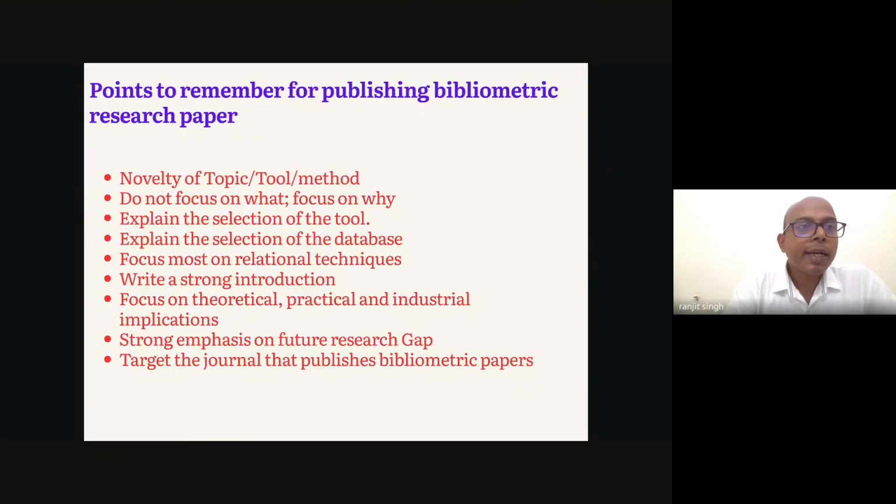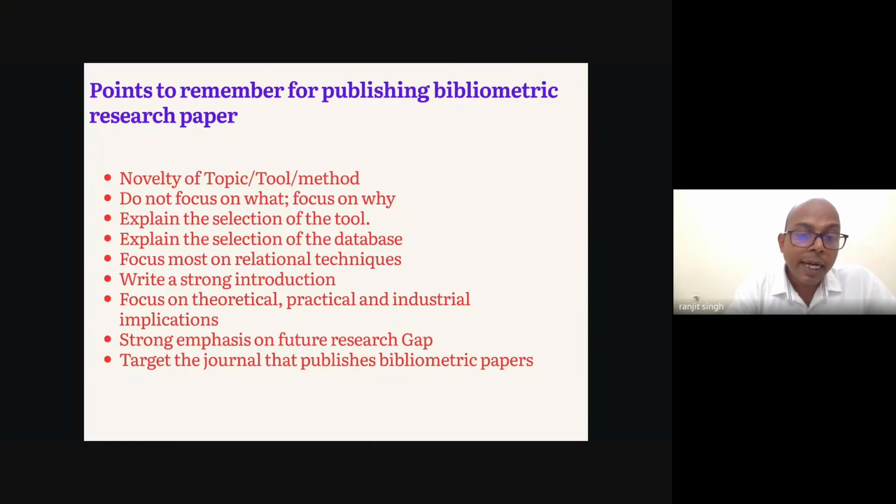For example, if you are writing a bibliometric analysis on customer satisfaction, then there will be a lot of bibliometric analyses on customer satisfaction. If you are producing the same thing, then you contribute nothing. You are just reproducing. And if you write the article and submit it, you will get rejection. Why? Because there is no novelty in the topic.